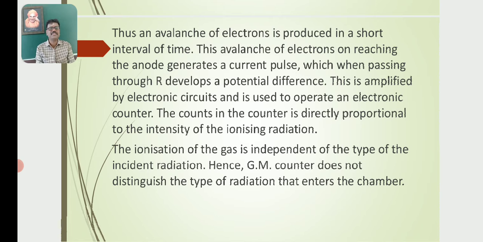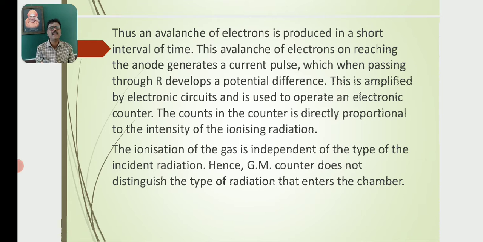This avalanche of electrons reaches the anode, because the anode is a positively charged electrode. The electrons liberated during the process of ionization are attracted by the anode.